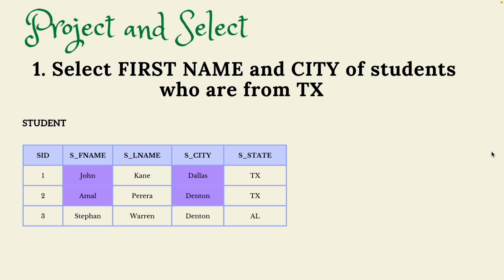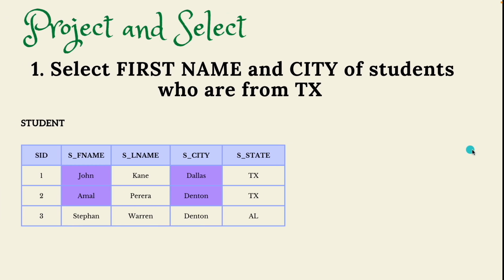All right, now we are in a position that we can combine two different operators, basically project and select. So we move from the previous slide where you needed to select the first name and the city of students. This time we want to restrict all these tuples to be only from Texas.